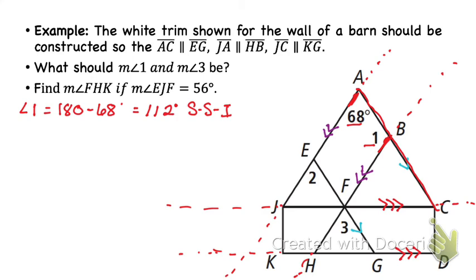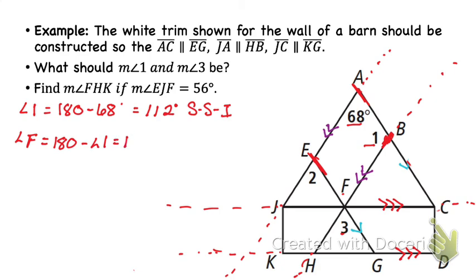So now I need to get angle 3. Well, in order to get over to angle 3, I probably have to find angle F. Let's see what I have now. I know that this is parallel to this, and so this is my transversal now. So again, I have same side interior to find F. So angle F would equal 180 minus angle 1.